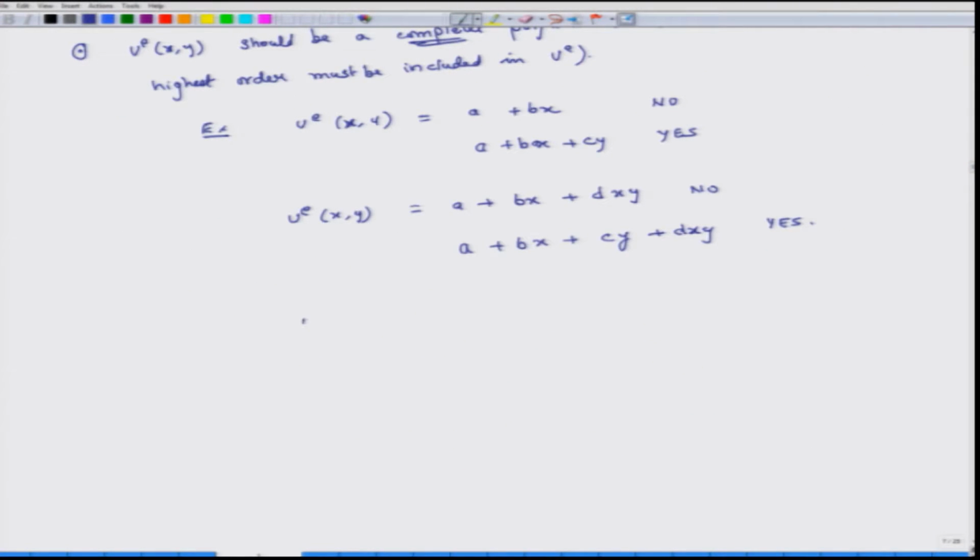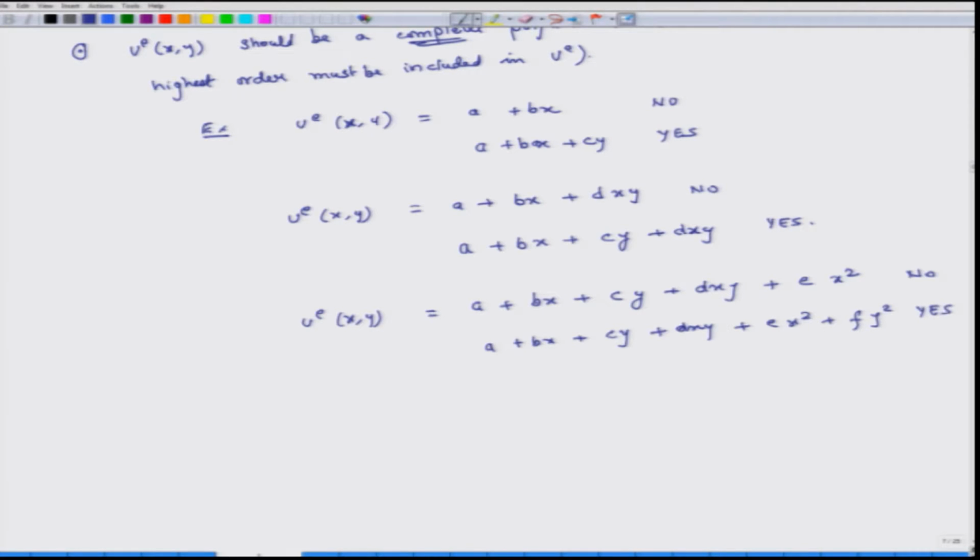One third example could be u e of x y is a plus bx plus cy plus dxy plus e x square. This is not a complete polynomial, but I can make it a complete polynomial, and then this is a complete polynomial.